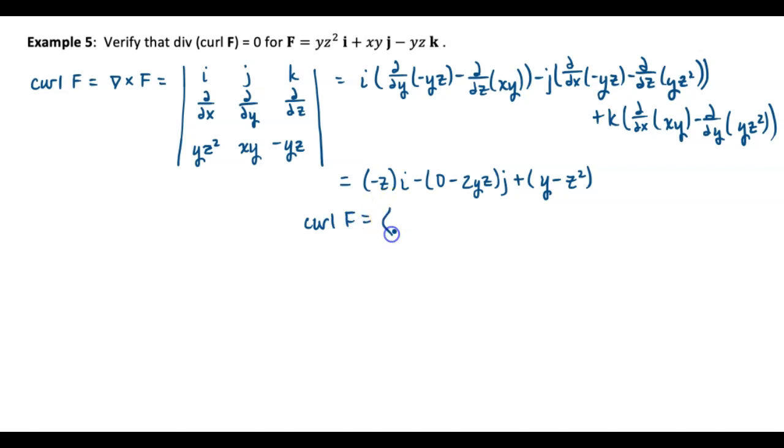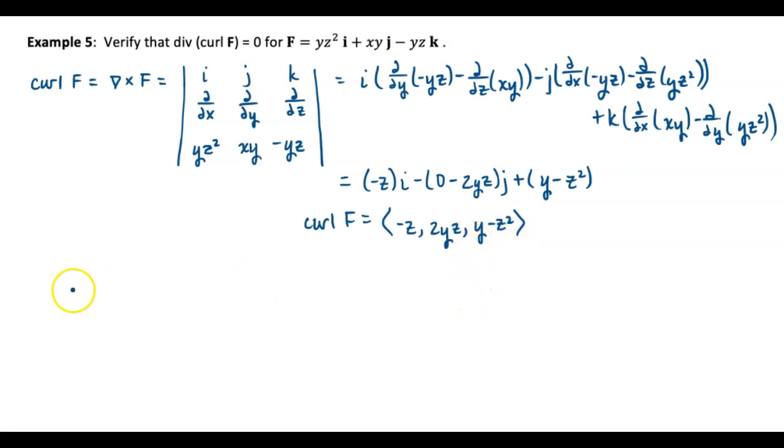And we have that the curl of f is equal to, and I'll just write this in that bracket form because I know I'm going to end up using a dot product. It's just a little bit easier to do this way. i component of negative z, j component of a positive 2yz, k component of y minus z squared.